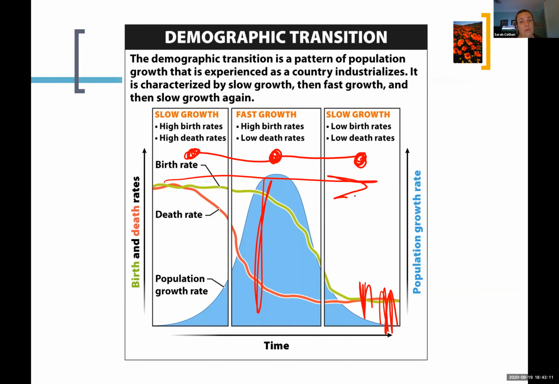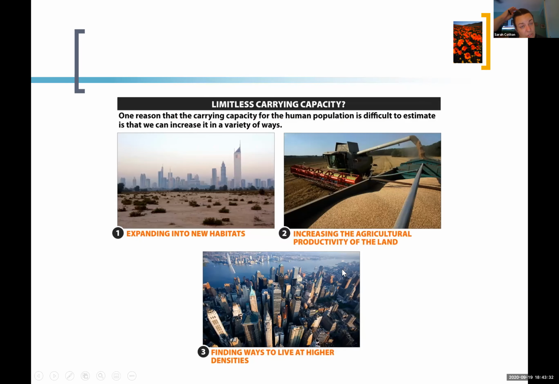And it's different in different places, and a lot of it has to do with all kinds of other things that I'm not going to get into too much, because this is not a sociology course, nor a history course, nor an economics course. So I'll let you learn about those in other places. Okay, so that's demographic transition. Overall though, overall human population growth is pretty amazing.